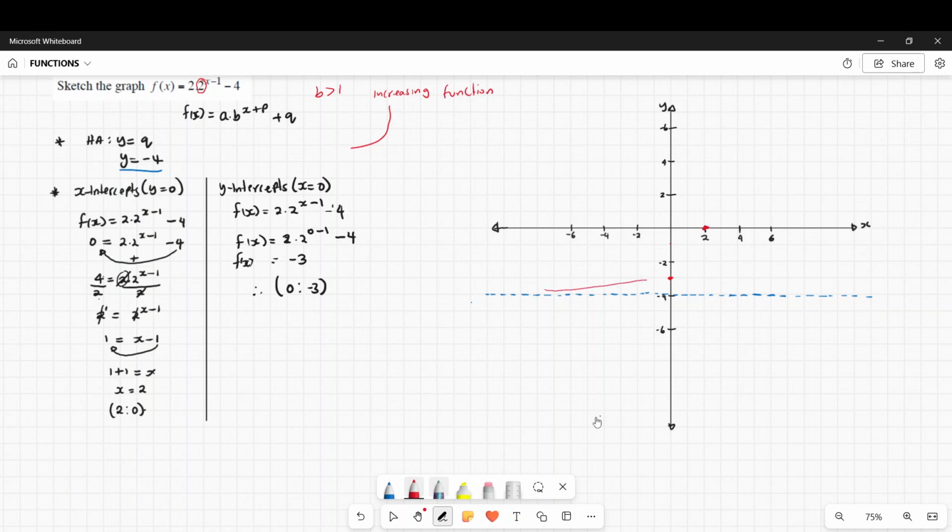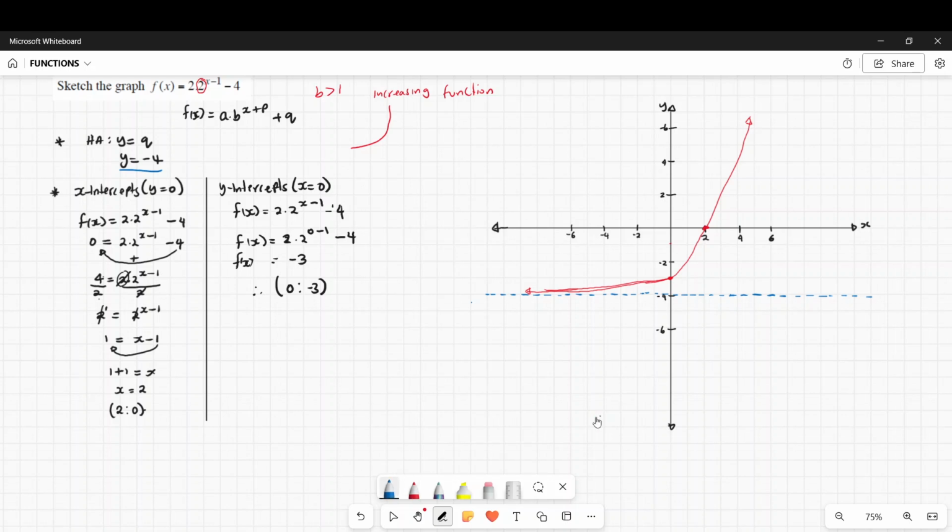Make sure you do this properly and carefully. You should be having something like this. You're going to continue all the way to infinity. On your graph you shouldn't be having double lines. We should be having something like this.